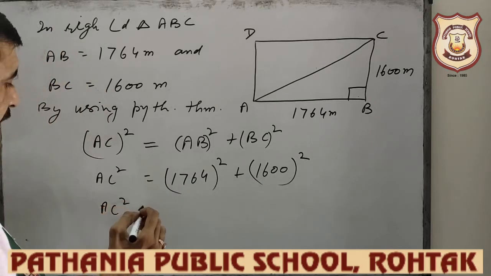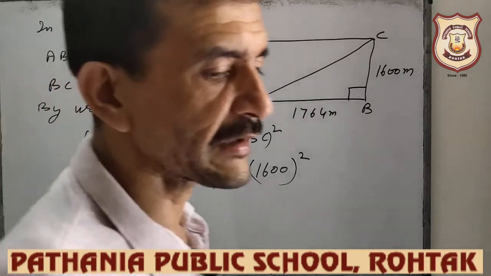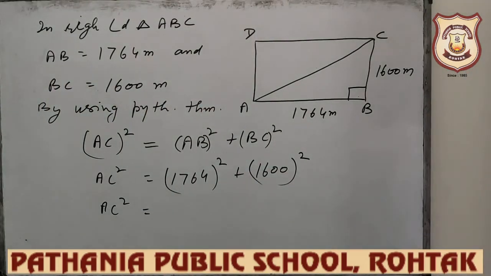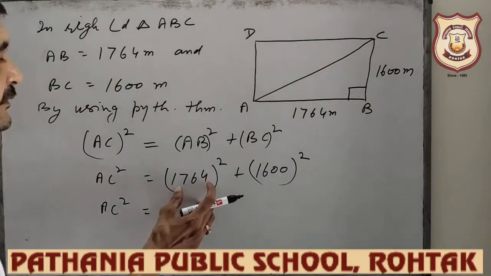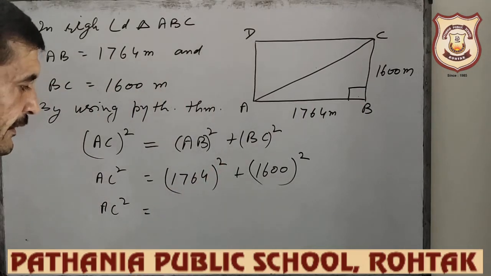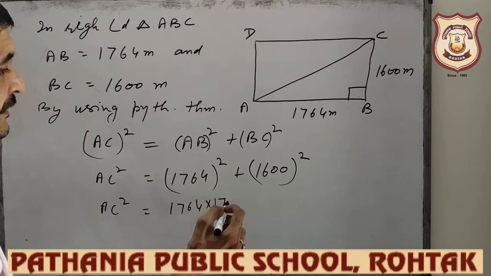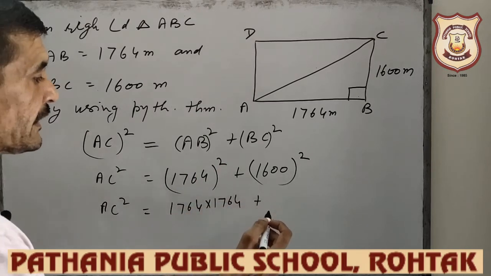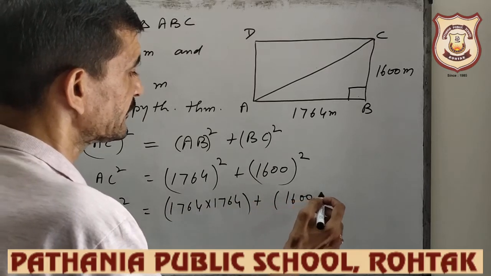AC square is what? Find the square of 1764: multiply 1764 by the same 1764, into this one, plus 1600 into 1600.